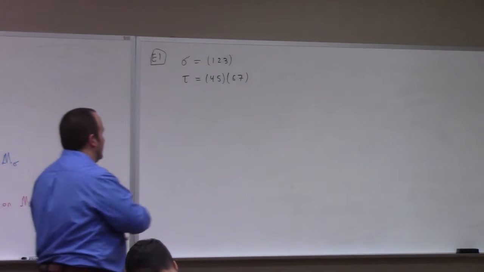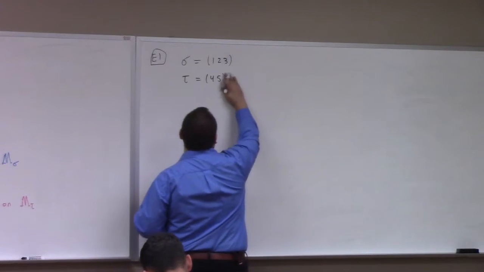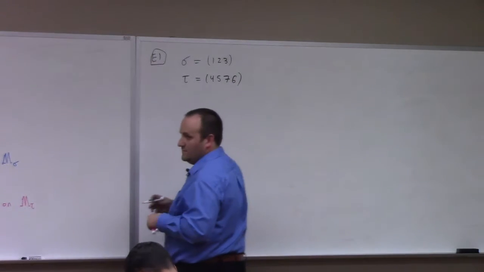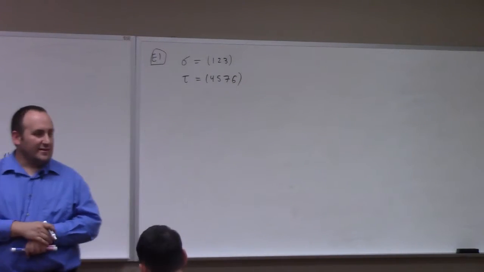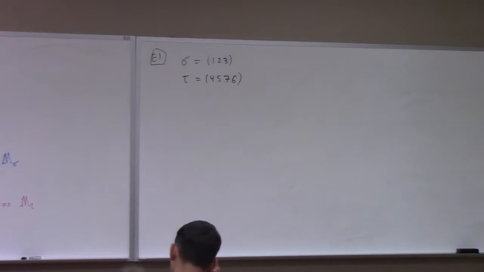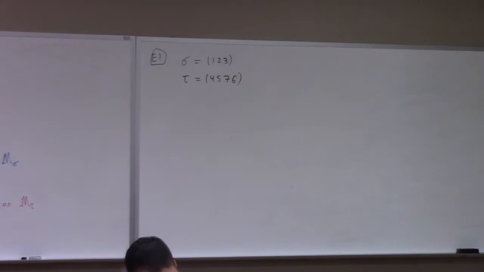Let me just erase the middle. 4, 5, 7, 6. There, that's more interesting. Now, if we write cycle notation, what's the set moved by? We can view these both as being in S, the symmetric group of degree 6, right?